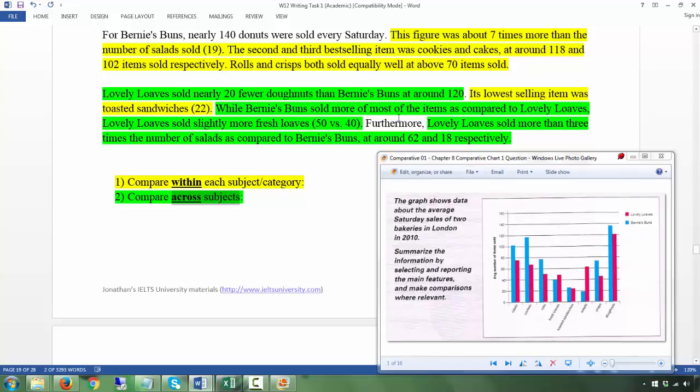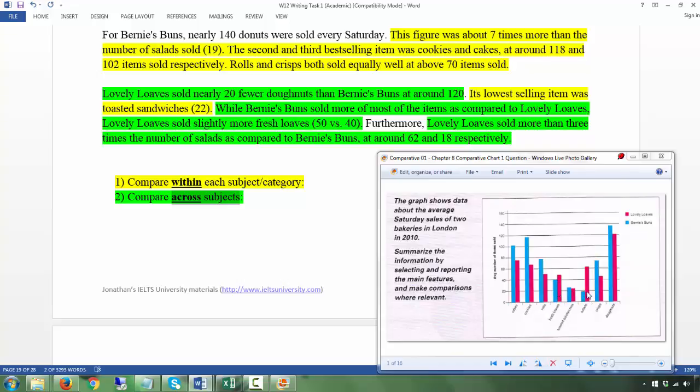Furthermore, in addition, another thing in which Lovely Loaves sold more than Bernie's Buns: Lovely Loaves sold more than 3 times the number of salads as compared to Bernie's Buns, at around 62 and 18 respectively. So this is huge. Everything else, Bernie's Buns sold more than Lovely Loaves, except for this fresh loaves and salads, which is very important.